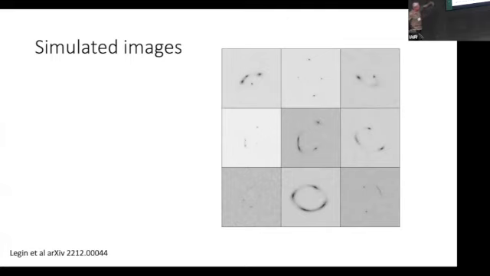Here are examples of what those distorted lenses look like. What you want to do is two things. You want to reconstruct the image of the background galaxy. You also want to learn the parameters of the foreground potential. And this can be, like I said, quite tricky. This used to take days and weeks of computation on computers for a single object.